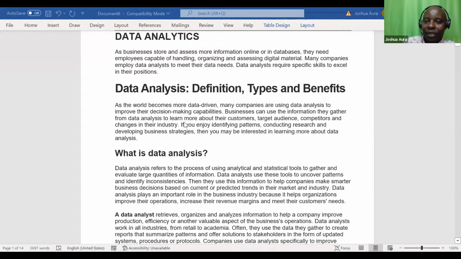Businesses can use the information they gather from data analysis to learn more about their customers, target audience, competitors, and the changes in their industry. If you enjoy identifying patterns, conducting research, and developing business strategies, then you may be interested in learning more about data analytics. So, ladies and gentlemen, the most important thing to appreciate about data analytics is that as data analysts we need to collect data and organize it very well. After organizing it, of course, we have to evaluate. There is a concept of analyzing this data.